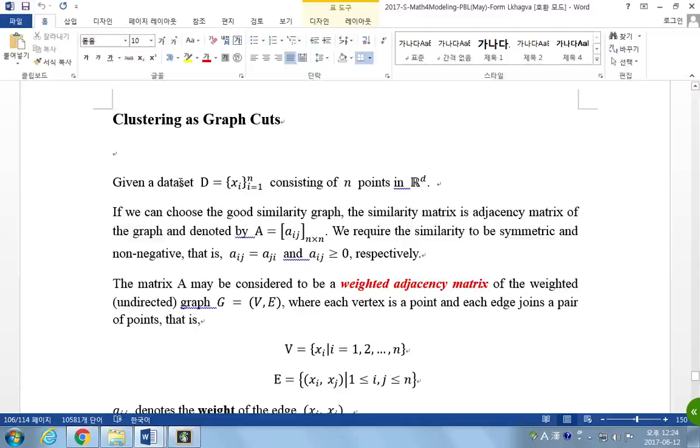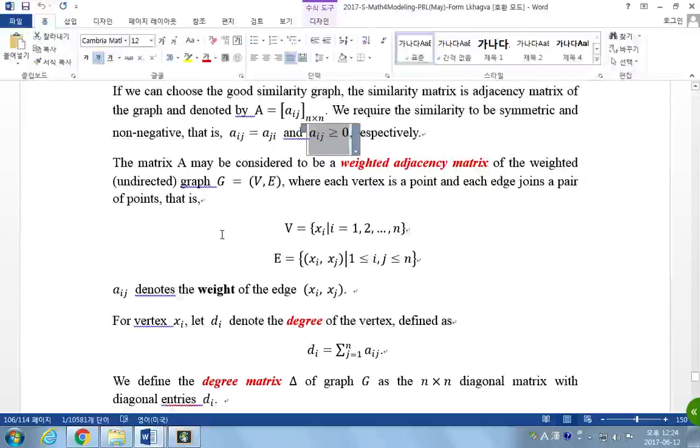We have a given data set D, and we should construct a similarity graph. The similarity matrix is the adjacency matrix of the graph and denoted by A. It is symmetric and non-negative. The similarity graph is denoted by G = (V, E), where V is the vertex set and E is the edge set.